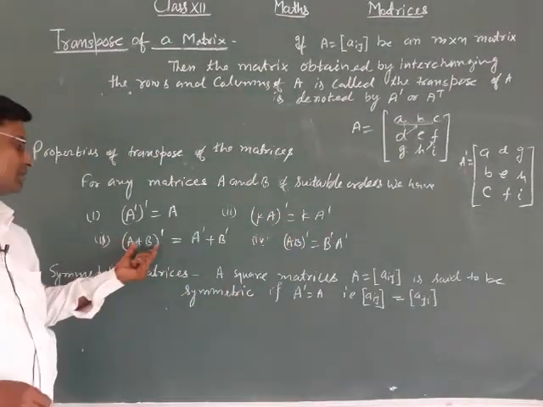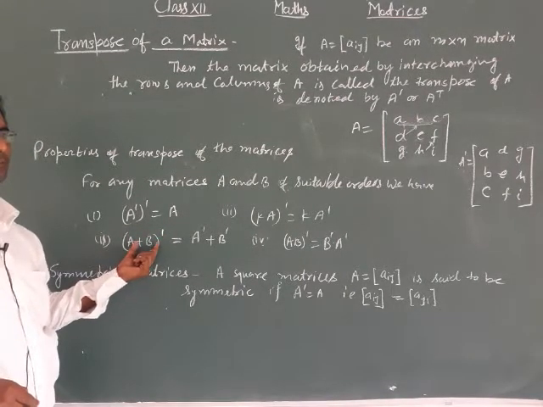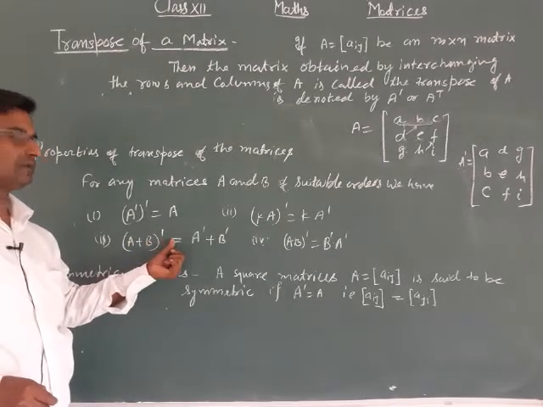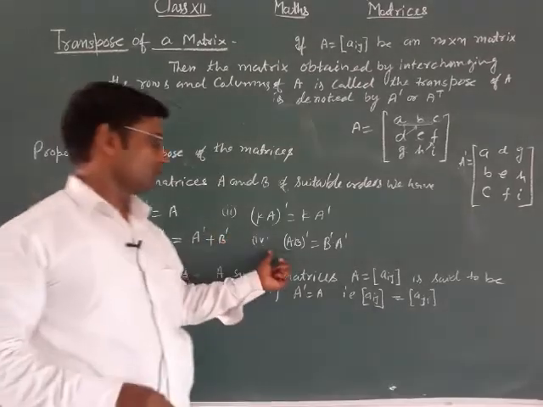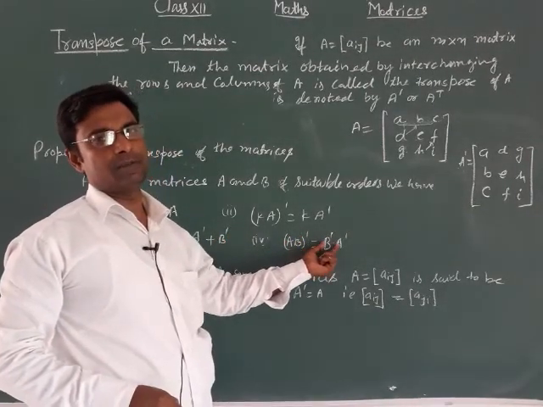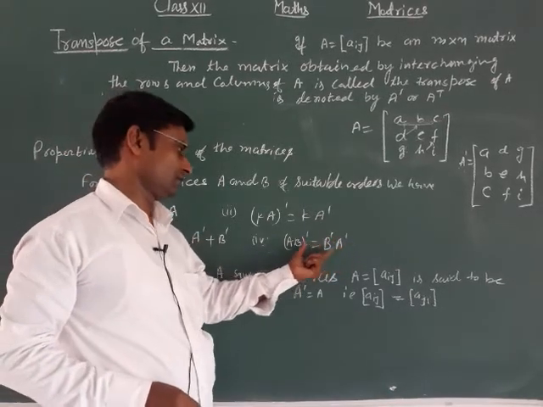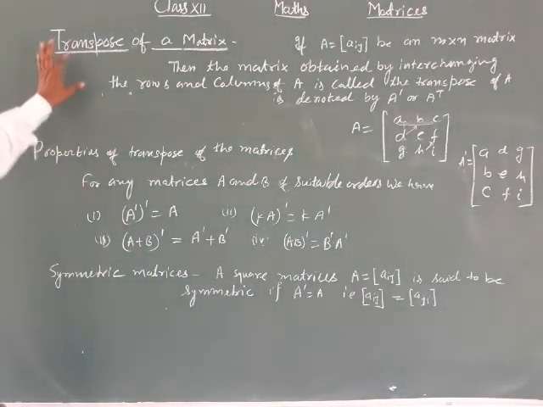Third, the transpose of A plus B is equal to the transpose of A plus the transpose of B. Fourth, the transpose of AB is equal to the transpose of B times the transpose of A. These are the rules of the properties of the transpose matrix.